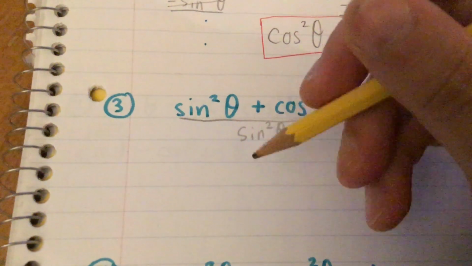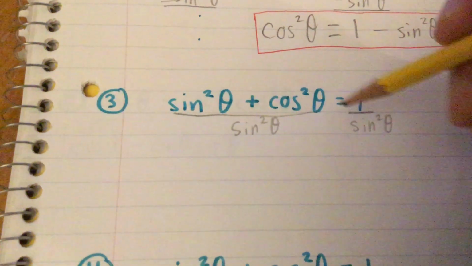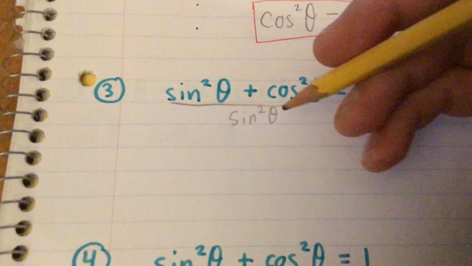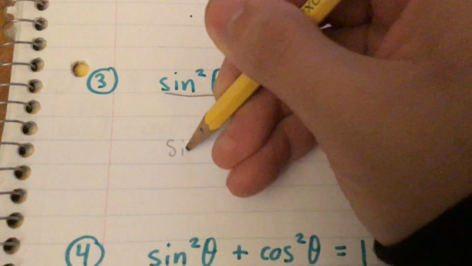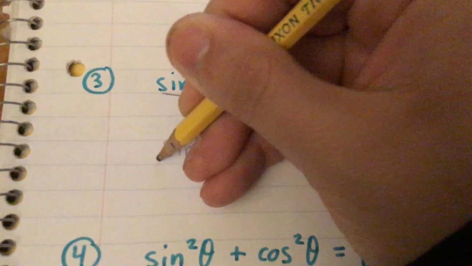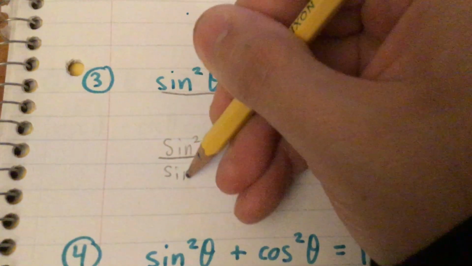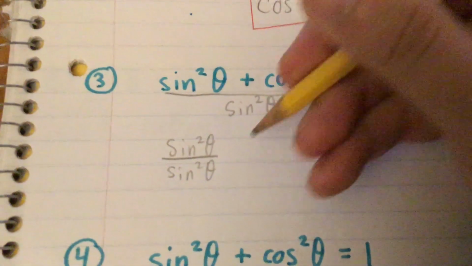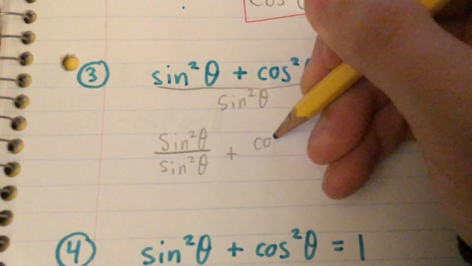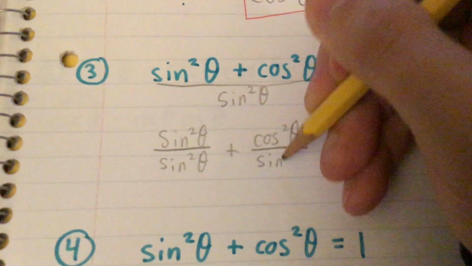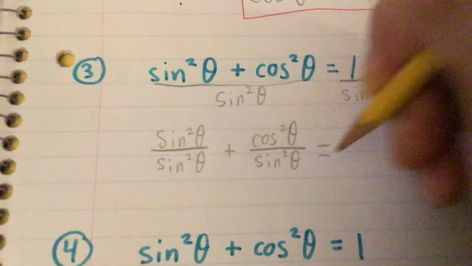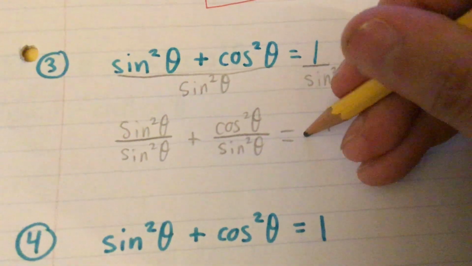Because this is no different than multiplying both sides of the equation by 1 over sine squared of theta. So now I've got sine squared of theta over sine squared of theta plus cosine squared of theta over sine squared of theta equals 1 over sine squared of theta.